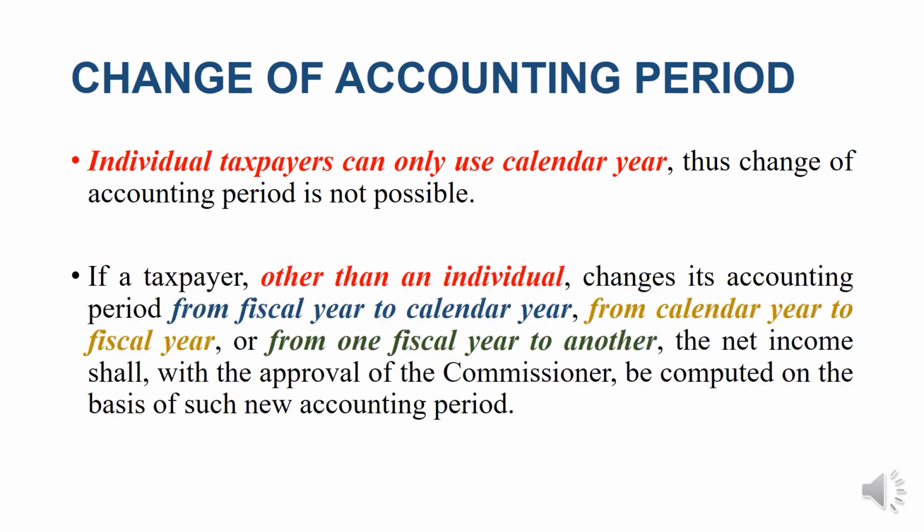If a taxpayer, other than an individual taxpayer, changes its accounting period from fiscal year to a calendar year, or from calendar year to a fiscal year, or from one fiscal year to another fiscal year, the net income shall, with approval of the commissioner, be computed on the basis of such new accounting period. So we'll discuss these three scenarios in the later discussion.